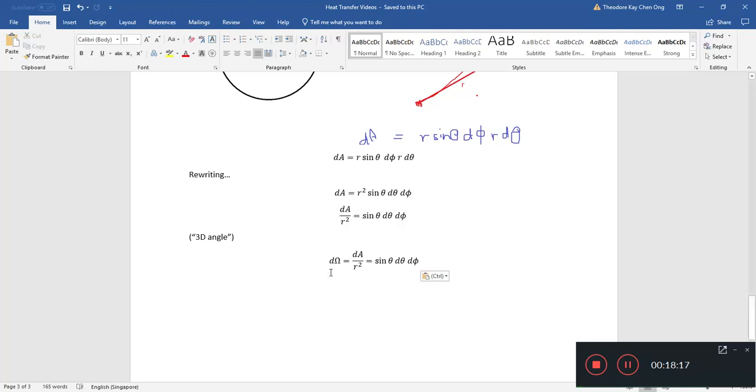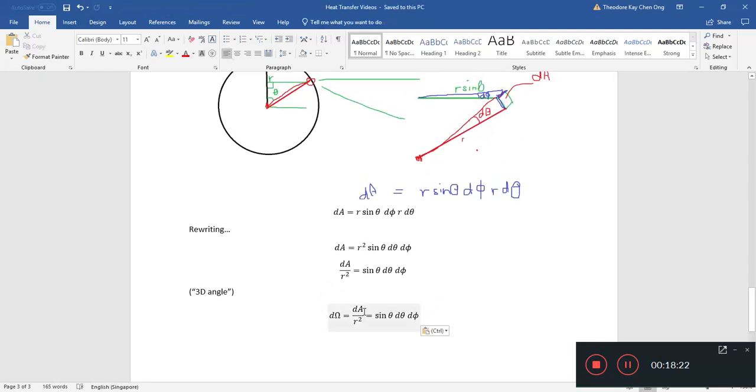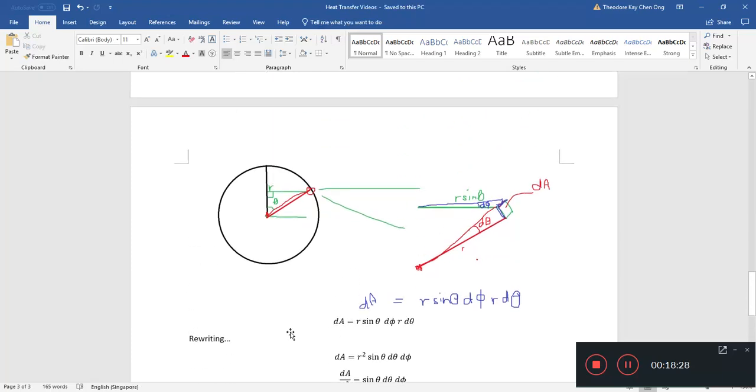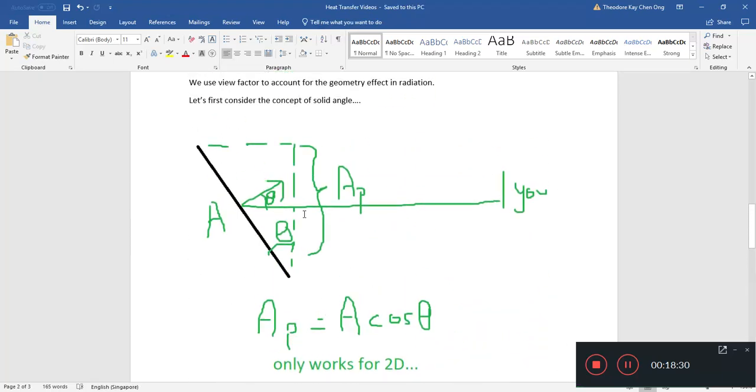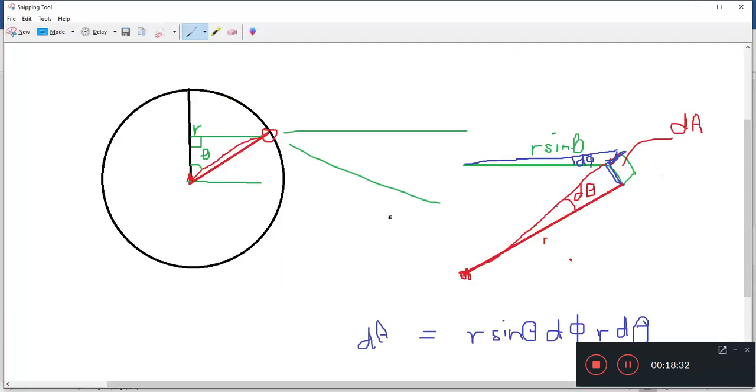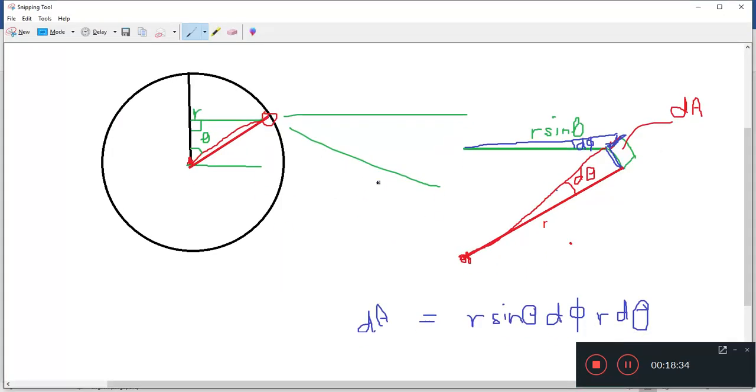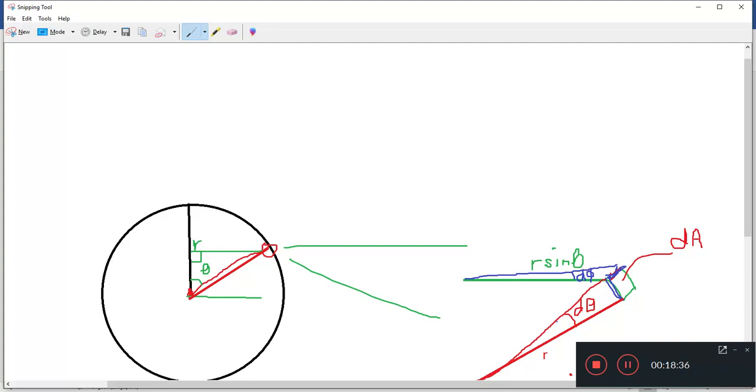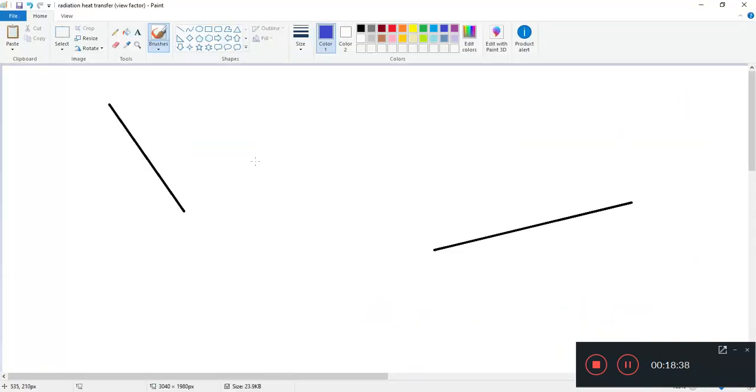So now we have a tool that helps us to describe angles in 3D. Let's say we have these two plates again. We are not just limited to a 2D case where heat is being transferred between these two plates.